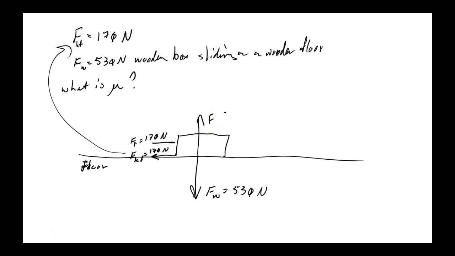Perpendicular or normal to the plane? F sub n. The normal force, because it's not flying off or sinking into the floor, or wooden floor, I think it says, then this is also 530 newtons. Has to be. Otherwise, it'd be sinking into the floor or flying off the floor. It's not. So those two forces are equal and opposite.